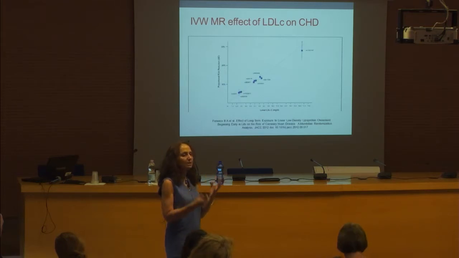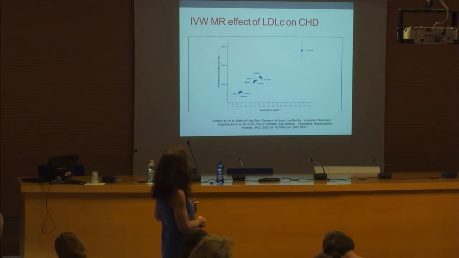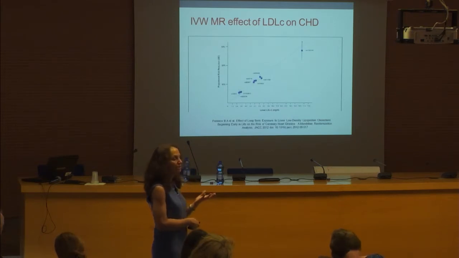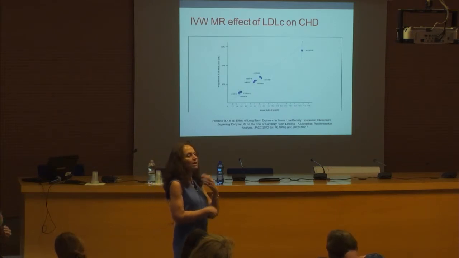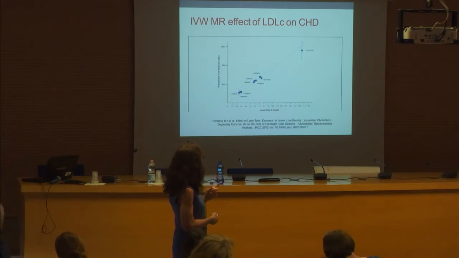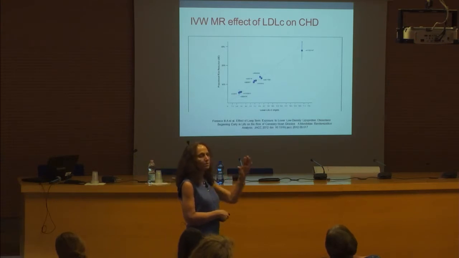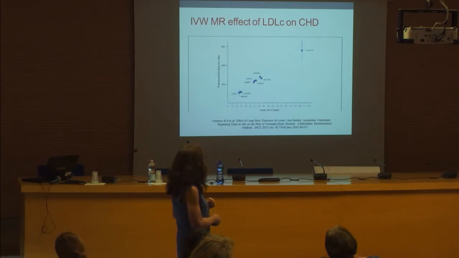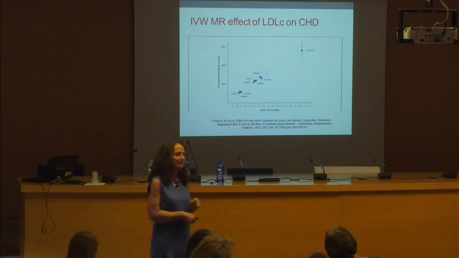But you could imagine this was a set of randomized control trials of different doses of statins or different treatments for reducing low-density lipoprotein cholesterol. The thing that I'd never realized before about this approach is it's always orientated this way so that it's a positive slope. Whether you're interested in a positive slope or not, that's how it's orientated. And that's done because the regression line is forced through zero in inverse variance weighted meta-analysis.